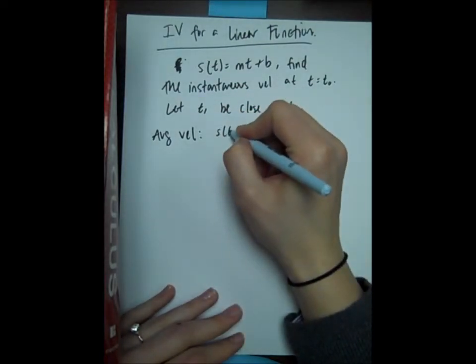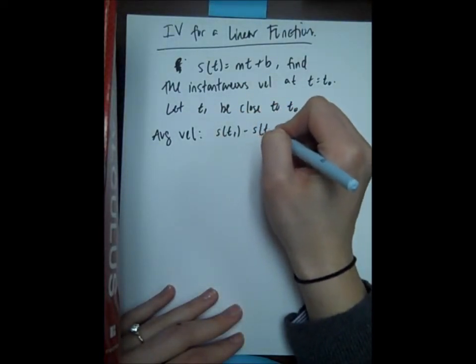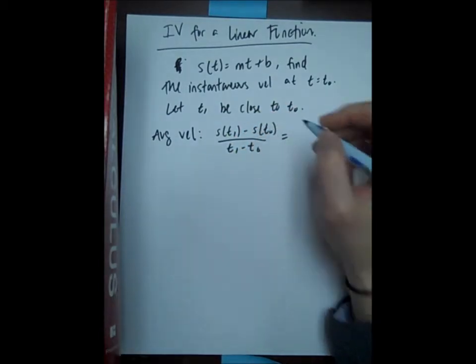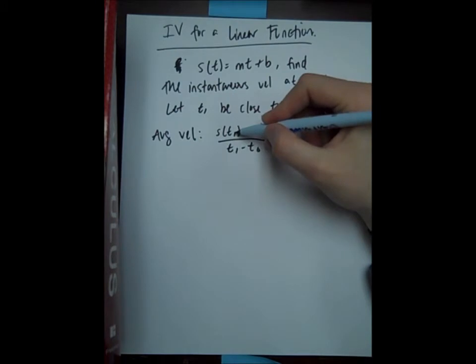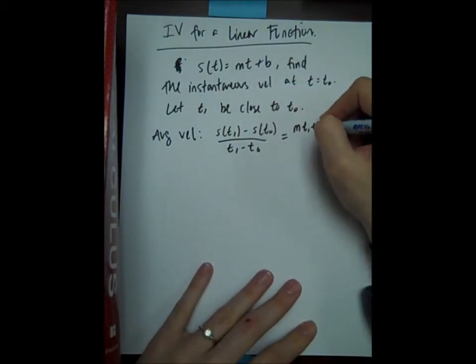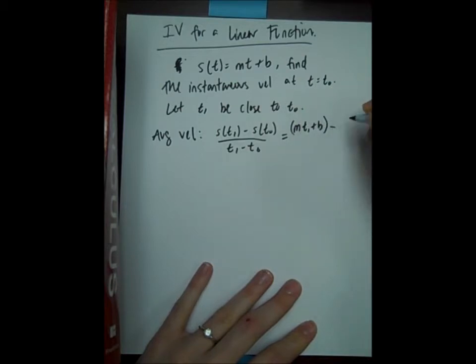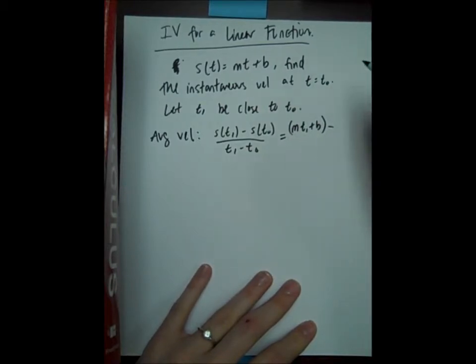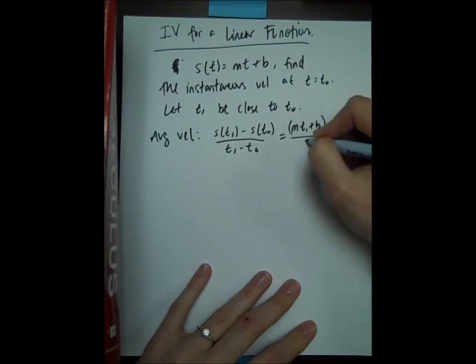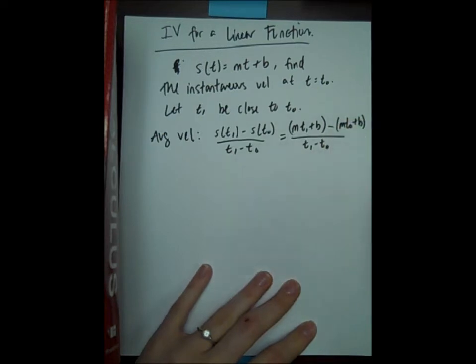So it would be s of t1 minus s of t naught over t1 minus t naught. Well, what is s of t1? If I plug it into my equation, I get m times t1 plus b, and I'll put that in parentheses just so we can keep up with all this. What is s of t naught? That's m t naught plus b, and this is over t1 minus t naught.